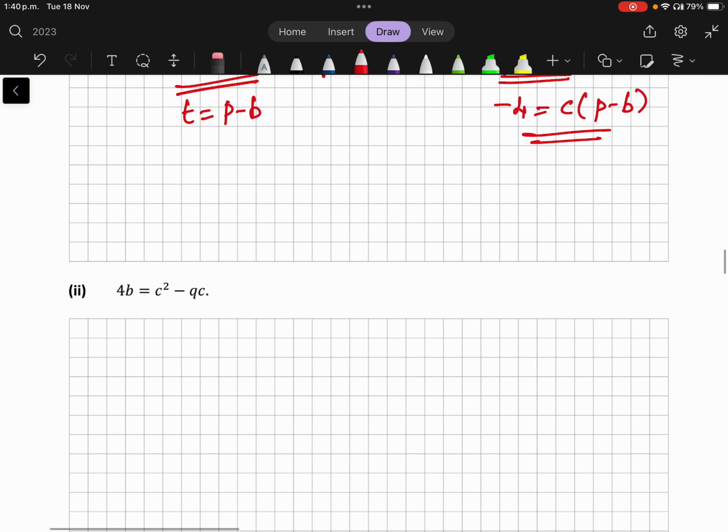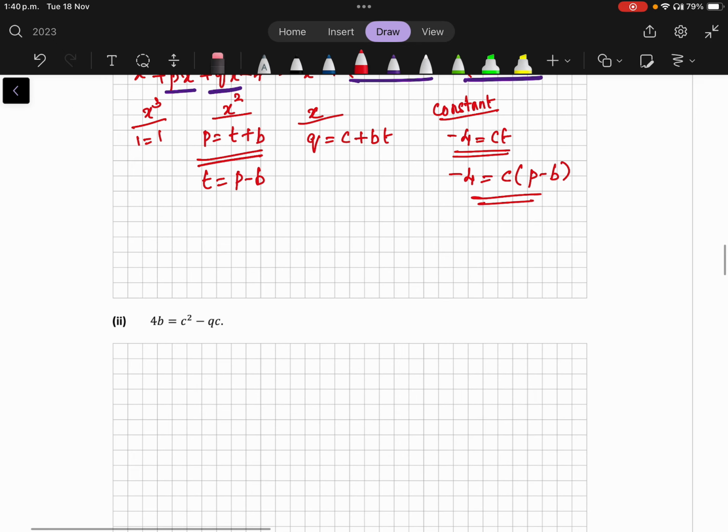Okay, now the second one is 4b equal to c square minus qc. So again, you will look at these equations and see how you can modify it. So here also you don't have anything with the t, so you will have to eliminate t. So let me just take 4b.